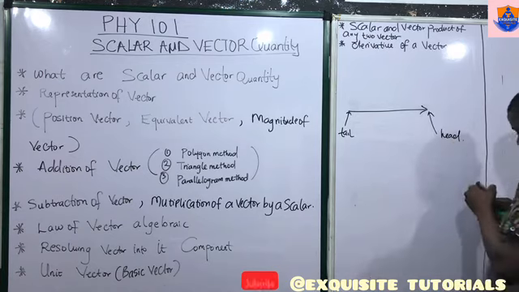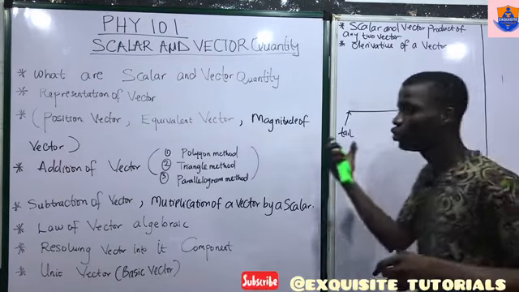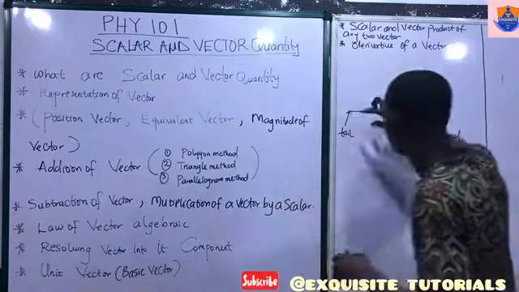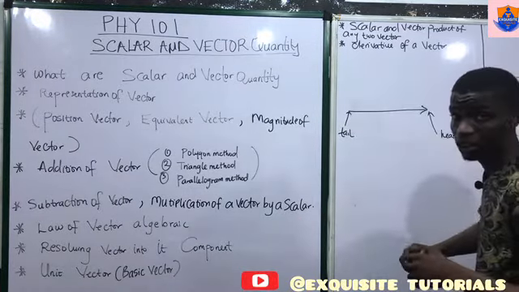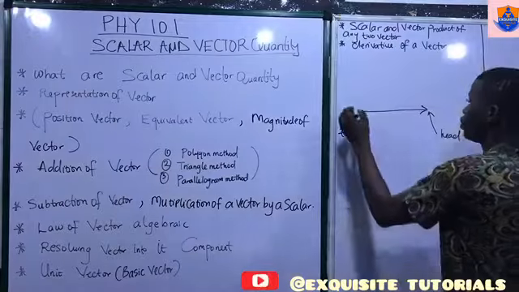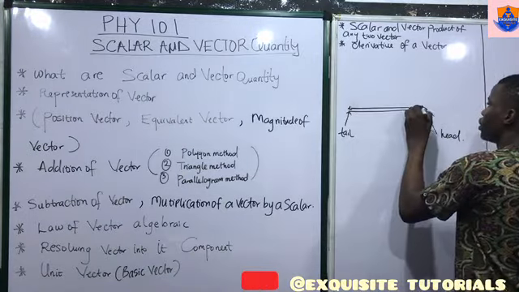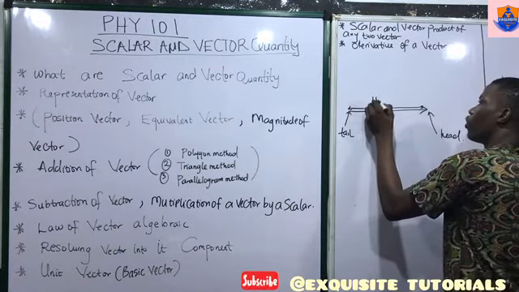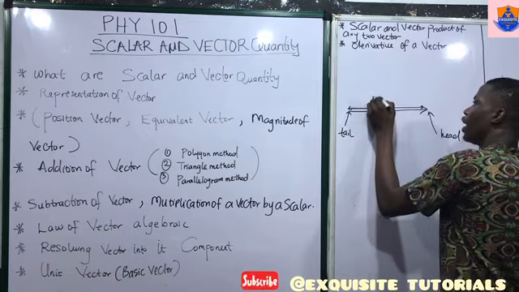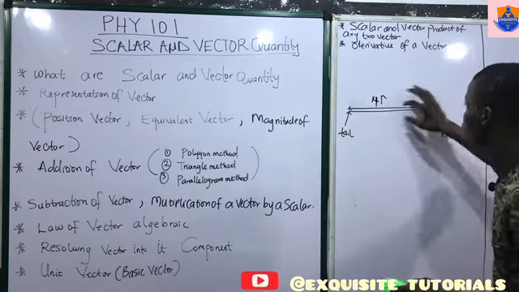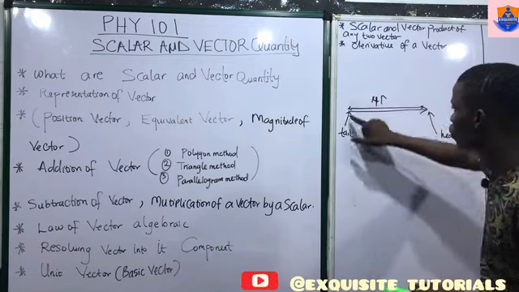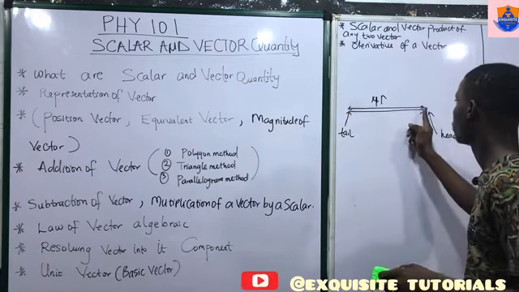Take note, the magnitude of any vector is determined by the length of the tail. So if from here to here is 4i, the 4 is talking of the magnitude from this point to this point.